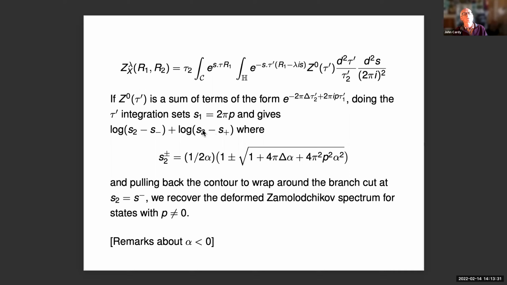You can also do the tau 2 prime integration, and that gives you a logarithmic branch point, and after some thought you realize that the contour runs in between these two branch cuts, and if you pull the contour back, you only get the contribution from S minus, and that gives you this holomorphic spectrum for states with non-zero momentum. I see I have a note here to talk about what happens when alpha is negative, which corresponds to the holomorphic sign. But I don't have time now. If someone wants to ask me a question about that at the end, I'm happy to try to address this.